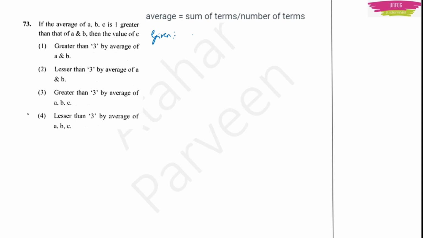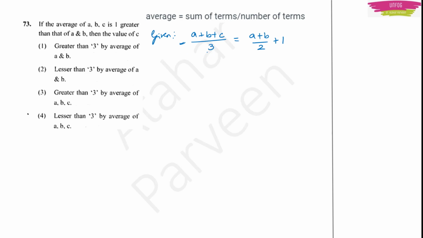They have told that A plus B plus C upon 3, because they are telling average, right? Average of A, B, C means A plus B plus C by 3 is 1 greater than that of A and B. That means if you take the average of A and B and add 1, then this will be equal to A plus B plus C by 3.